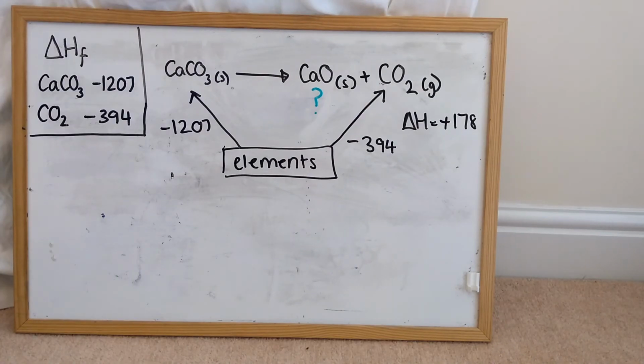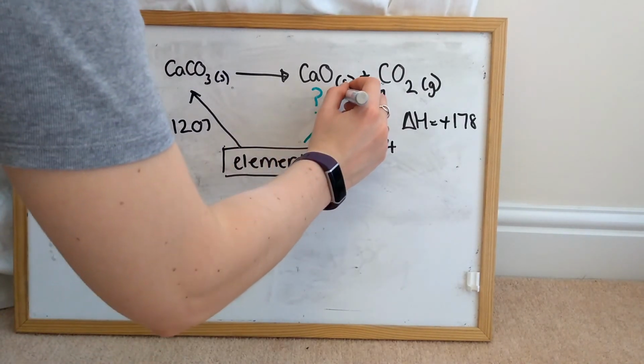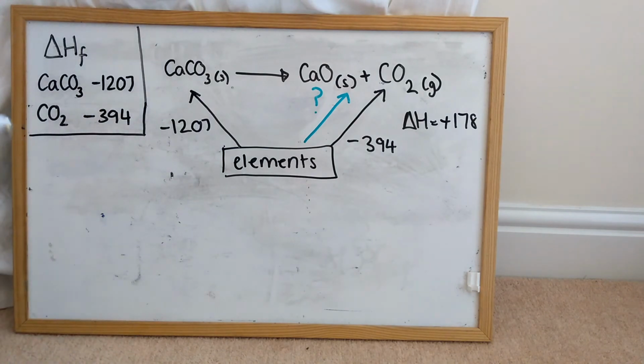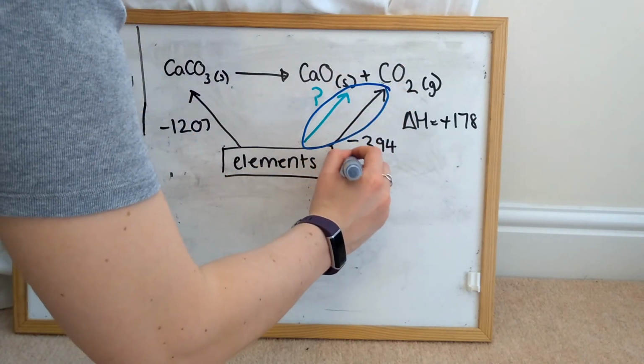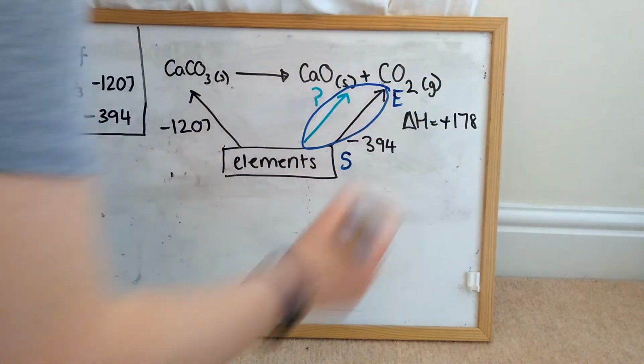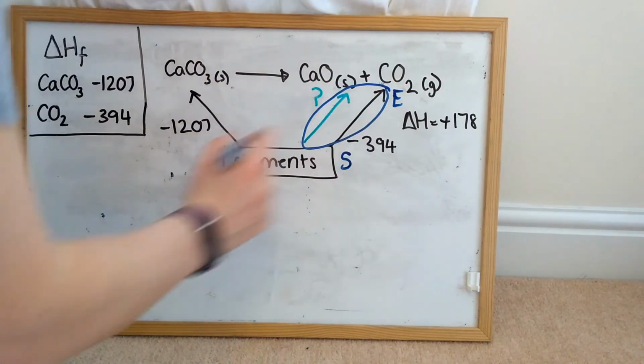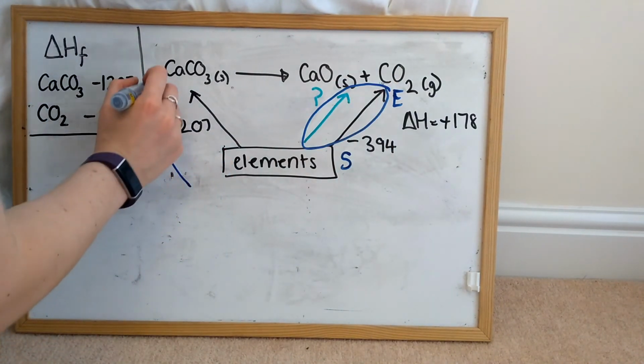I can't do the exact same method that I've been using before, but I can do something very similar. What I want to know is what the value of this arrow would be. So firstly, I'm going to work out what the value of these together is. I want to go from the start to the end, so rather than going up here, I'm going to go this way.